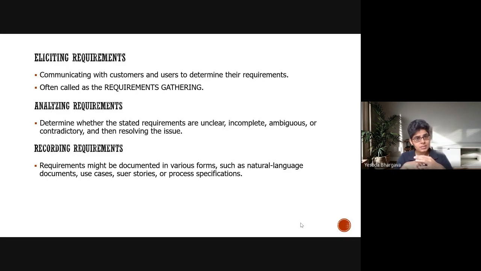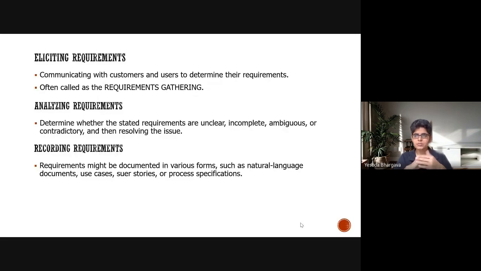Once you have analyzed your requirements, you have finalized your requirements, and you have arrived at which priority to give to which one, then you can record your requirements, be it in the form of documentation or use cases or even user stories as it is found in agile methodology.